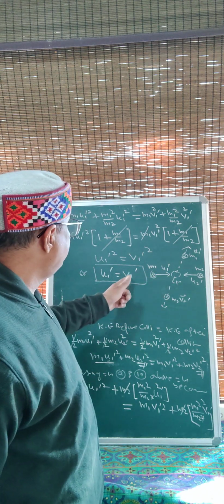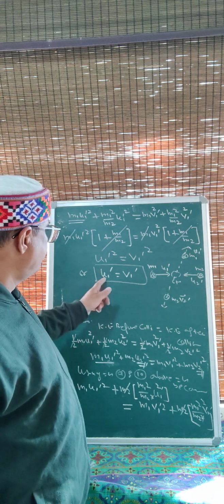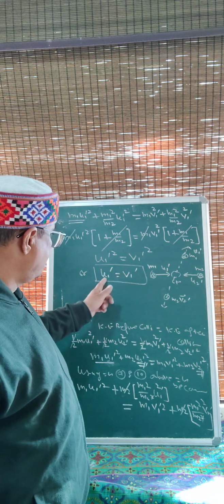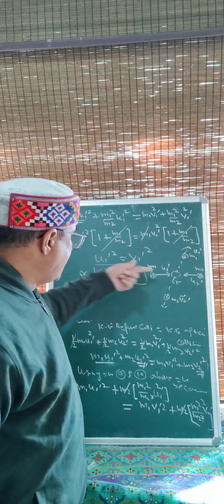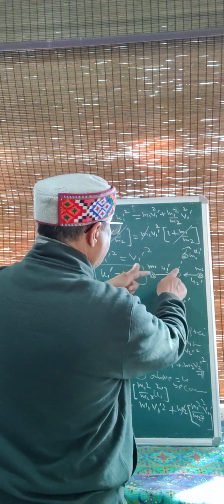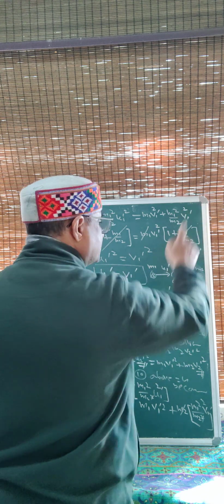It is coming out to be v1 dash, the velocity of mass m1 after the collision. So you have shown that the velocity remains the same before and after. As it comes and collides, it goes back with the same velocity.